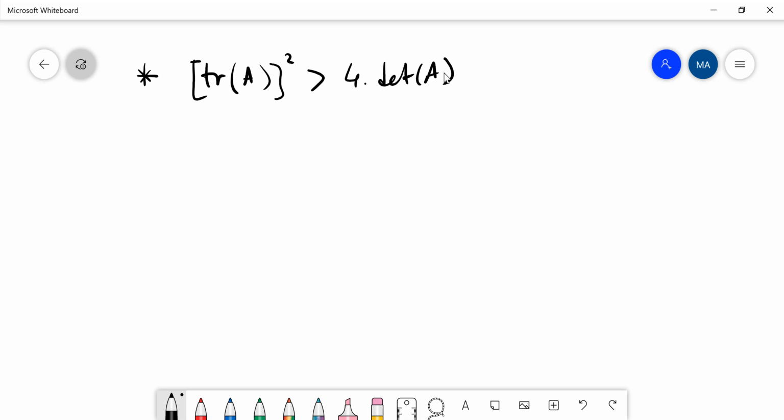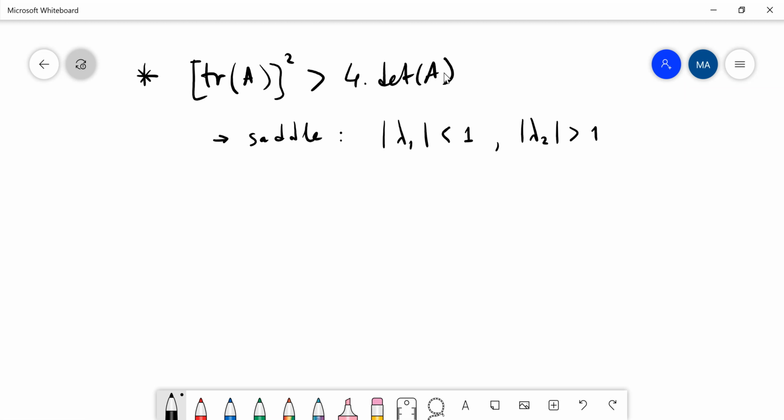In that case, we have the following result. It will be a saddle if we have something like this: lambda 1 less than 1 and lambda 2 greater than 1. Okay?